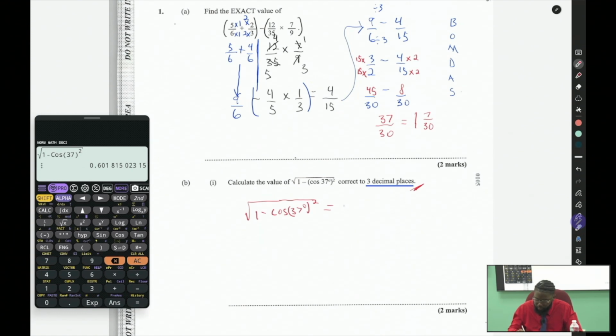So now we have 0.601. So 601 would be our first 3 decimal places.